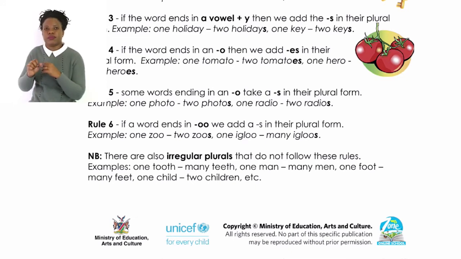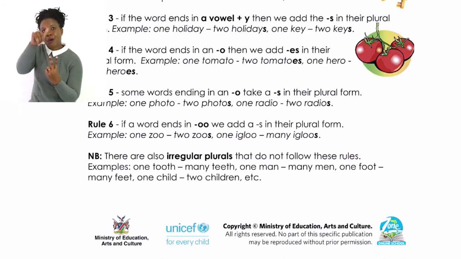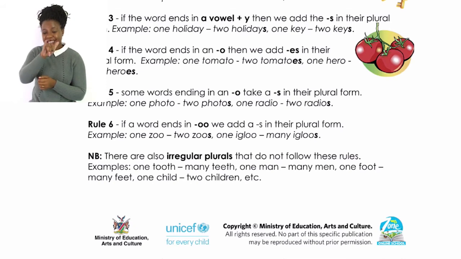Let's look at the examples. The noun holiday is ending with A plus a Y. So we just add an S. One key, two keys. We are just adding an S.